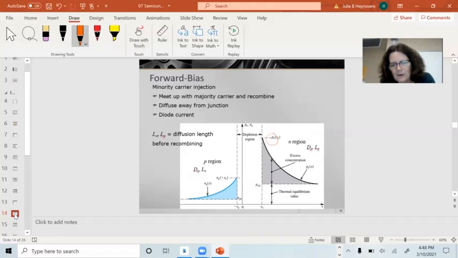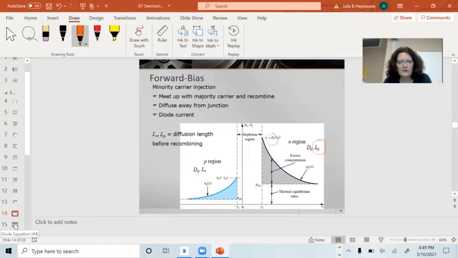The P's have recombined with an electron, and they start going away. This almost looks like an exponential curve, like a time constant, but it's really a distance constant, decaying exponentially. The distance it takes to get down to 1% of minority carriers is about 5 LP. It's called the diffusion length, and it follows the same mathematics as a time constant.